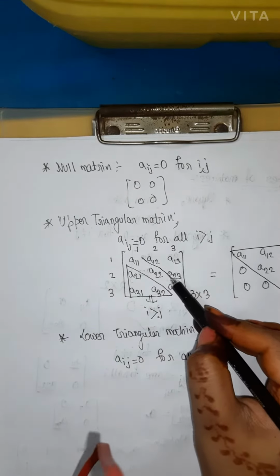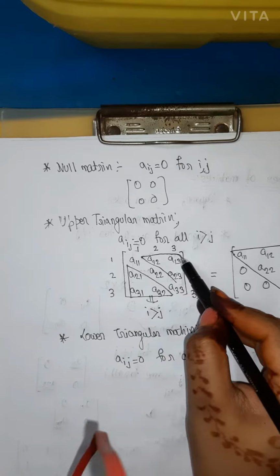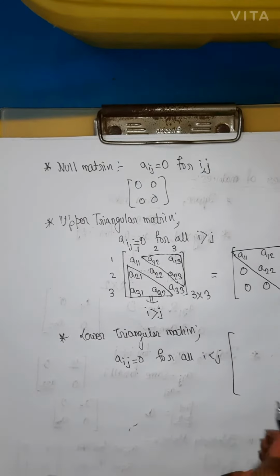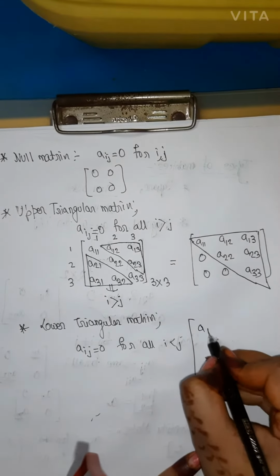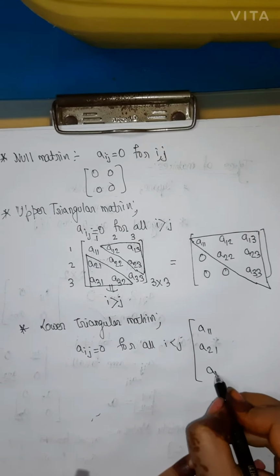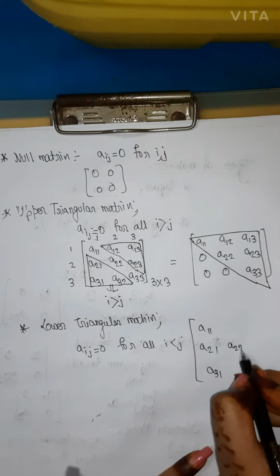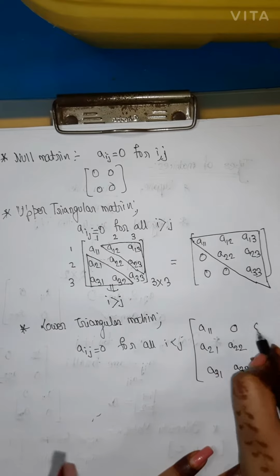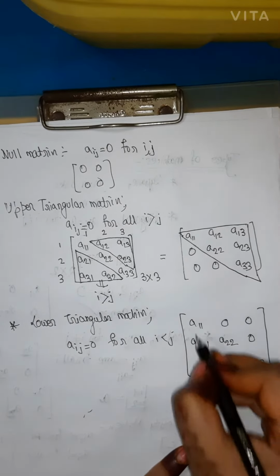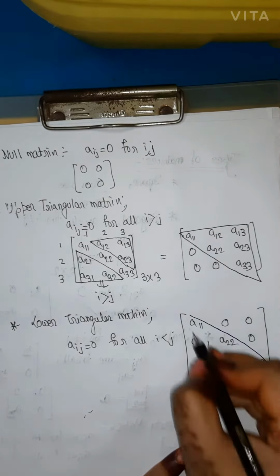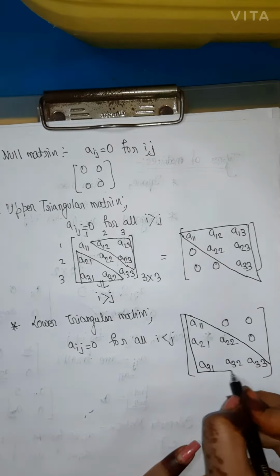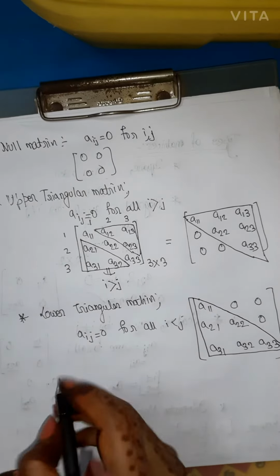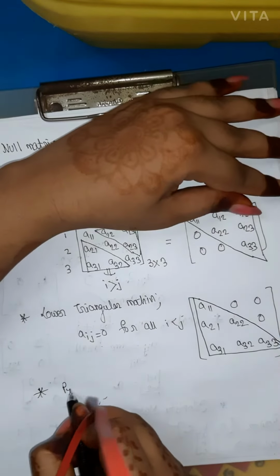For these three elements we have i less than j, so the upper elements will be 0 and the others will exist. So 0, 0 and 0. So we will get a lower triangular matrix. That is the name. Now what do you mean by a periodic matrix?